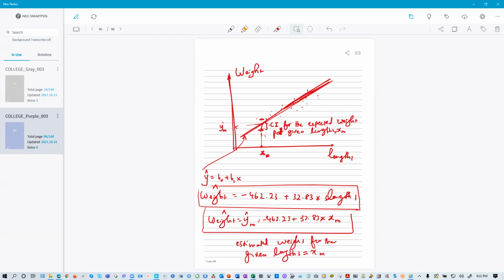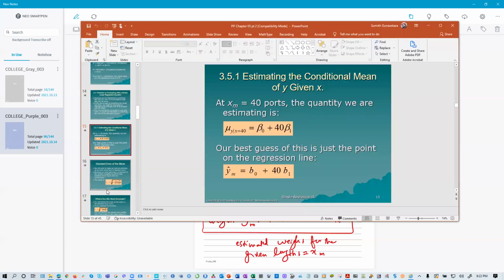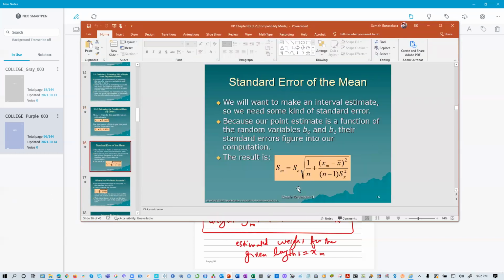So how do you write that one? It can be written the same thing you have over here: y hat m plus or minus standard error. This standard error is the one they have given, this heavy formula.